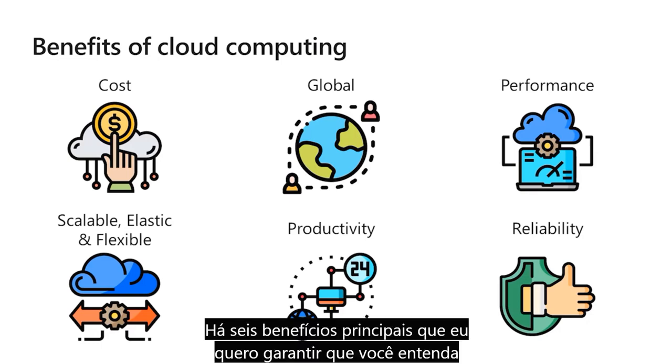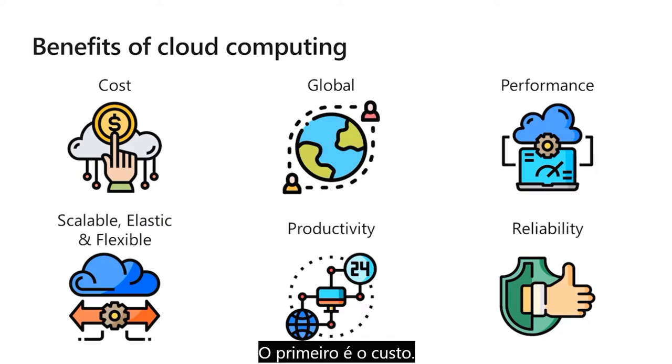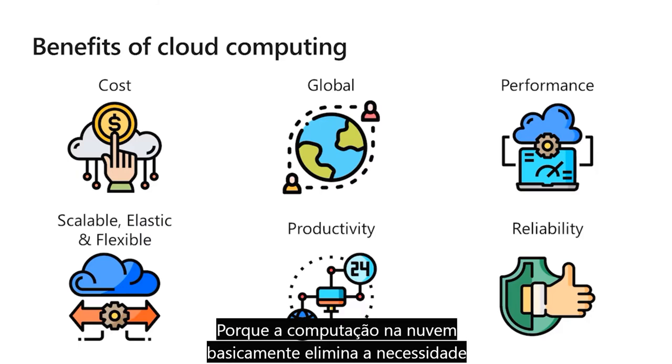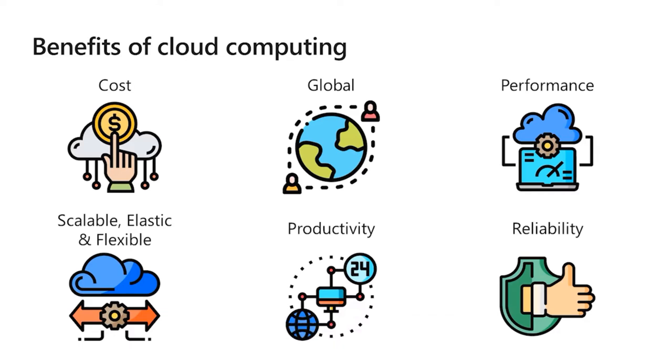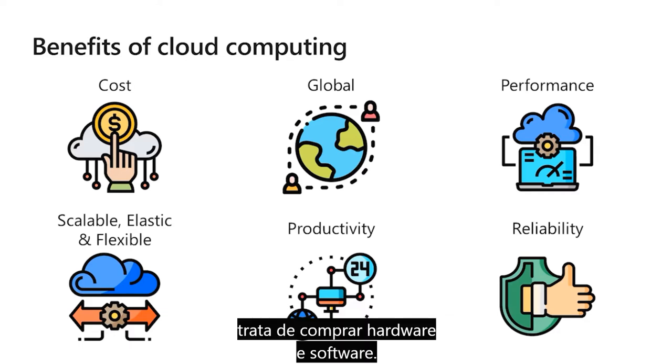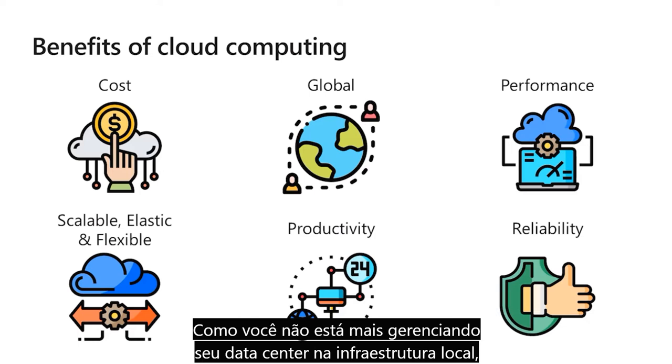There are 6 key benefits that I want to make sure that you understand when it comes to cloud computing. The first one is cost, because cloud computing essentially eliminates the need of capital expense when it comes to buying hardware and software. Because you're no longer managing your on-premises data center.